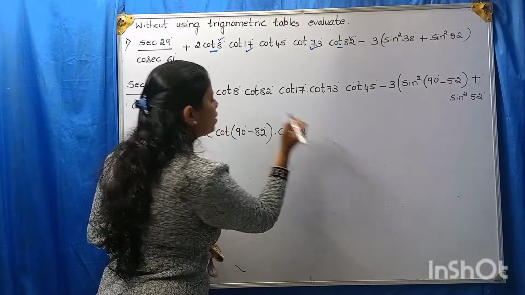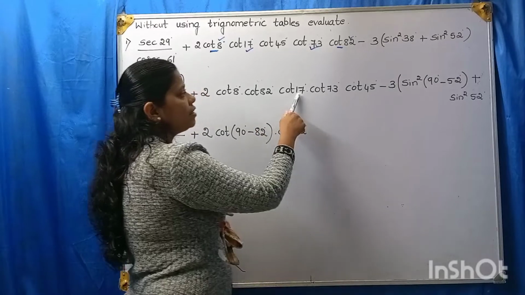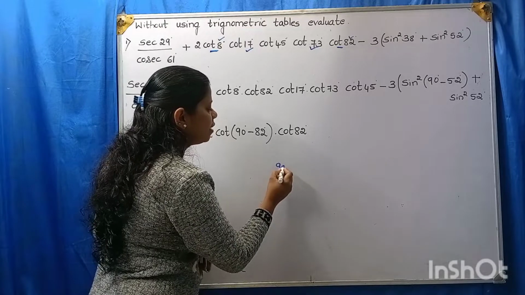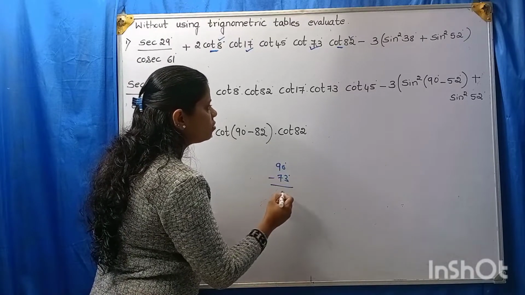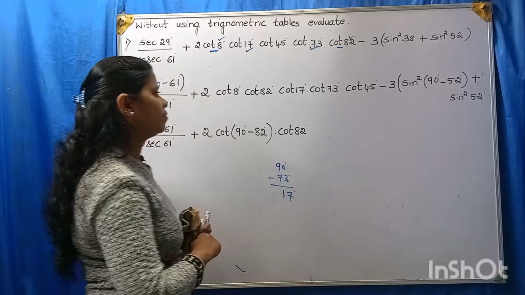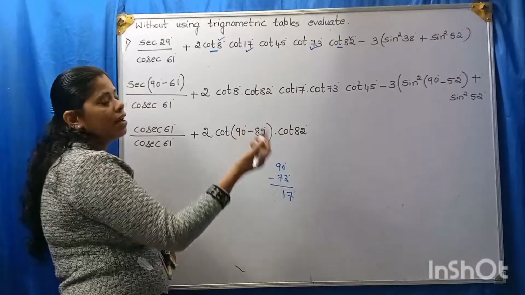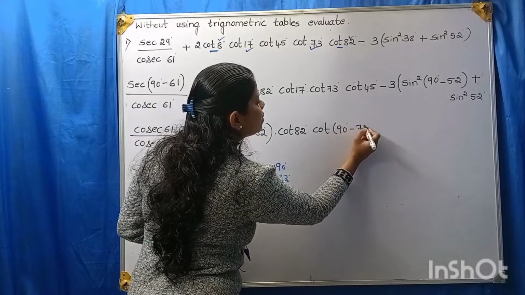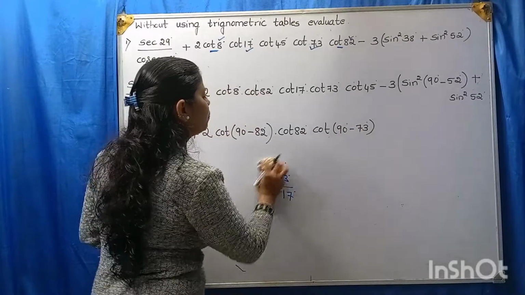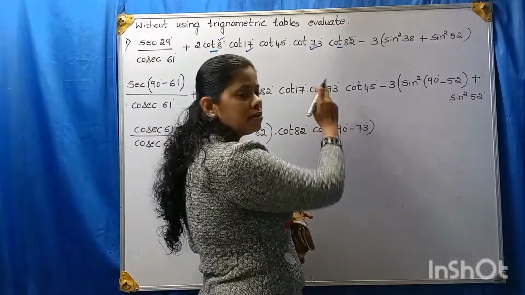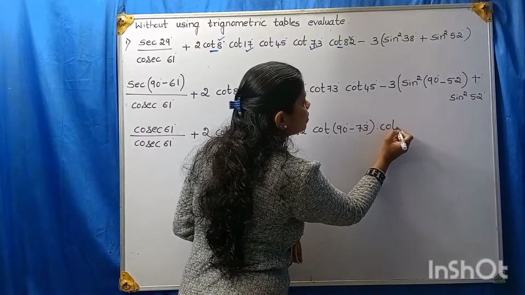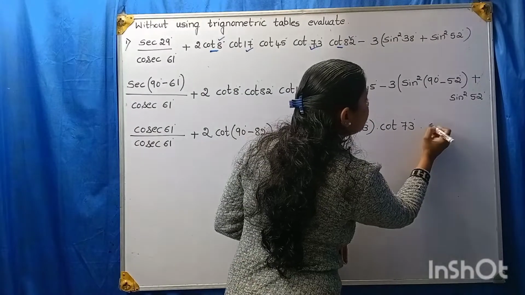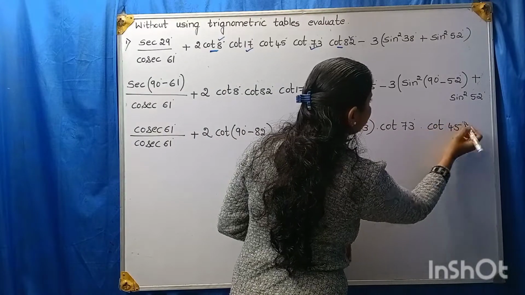Now this cot 17 degree, I can write as 90 minus 73. 90 degree minus 73 degree is 17 degree. Therefore, this cot 17 degree, I will write as cot 90 degree minus 73 degree, into cot 73 degree, let me write as it is, into cot 45 degree.